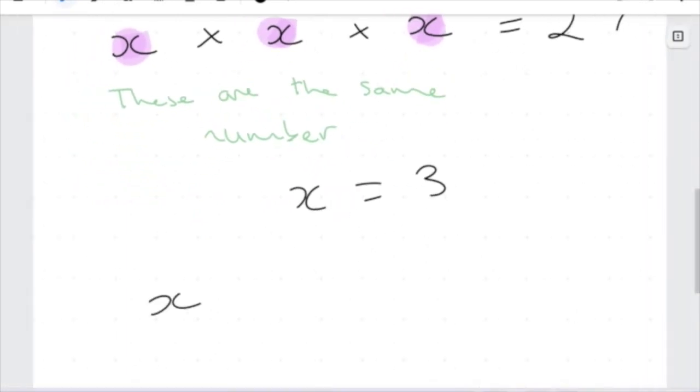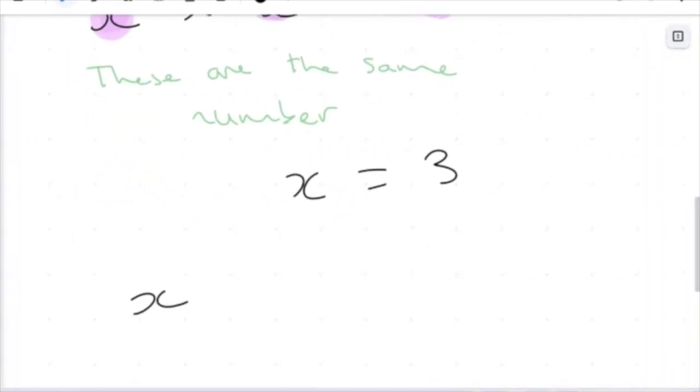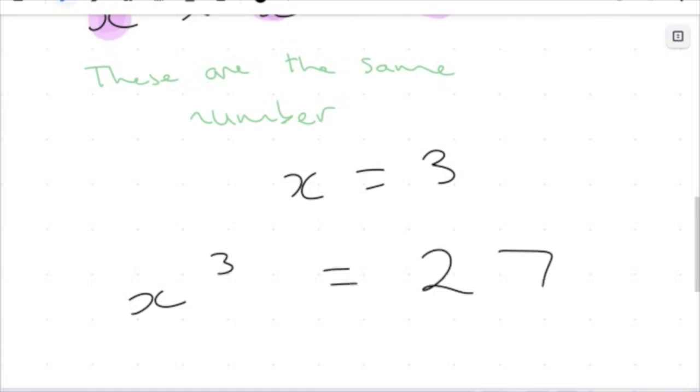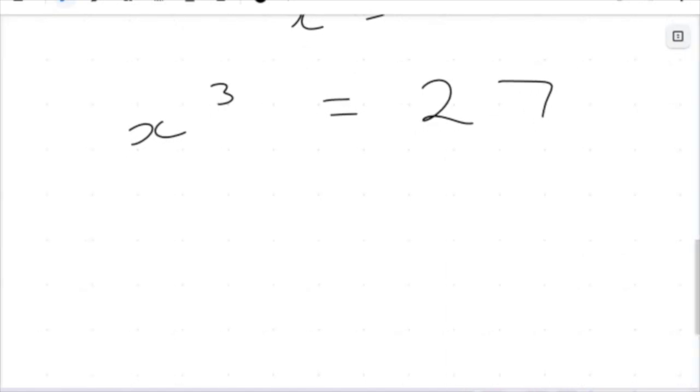Now here, I'm going to have x cubed equals 27. Here I want to undo the cubing of this number. So I can do the opposite operation, which is taking a cubed root of both sides. This is in the same way that when we solved our quadratic equations earlier in this series, when we had a square number, we wanted to undo this by taking the square root.